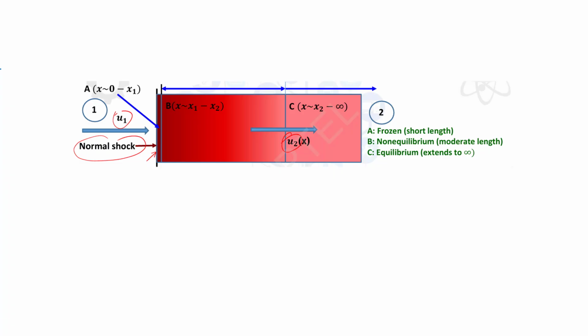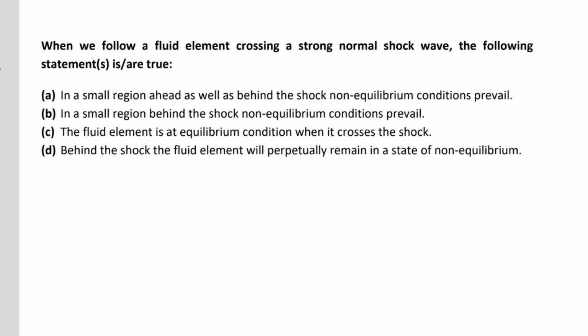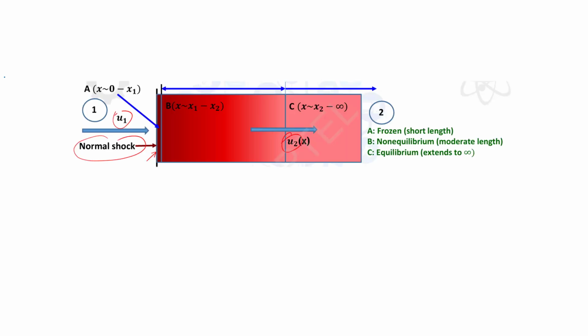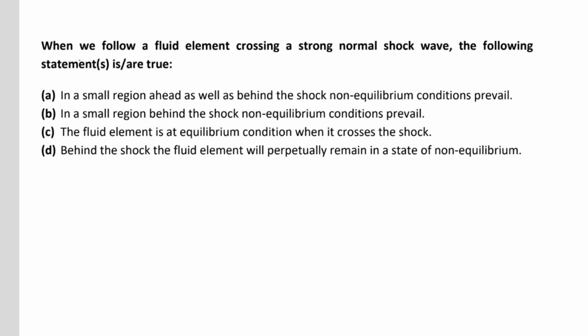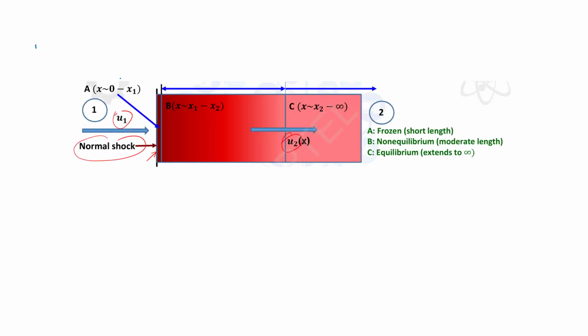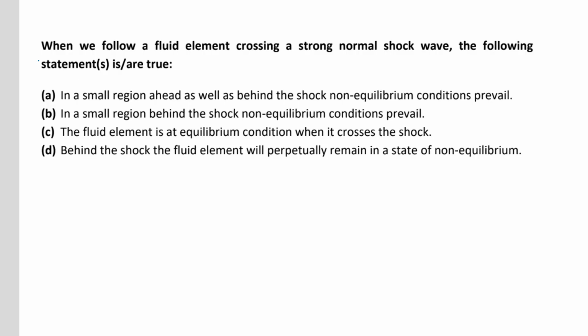Now if you see the options, option A, in a small region ahead as well as behind the shock, non-equilibrium conditions prevail. This is false because there is no non-equilibrium ahead of the shock. The flow is in equilibrium there. So option A is wrong.